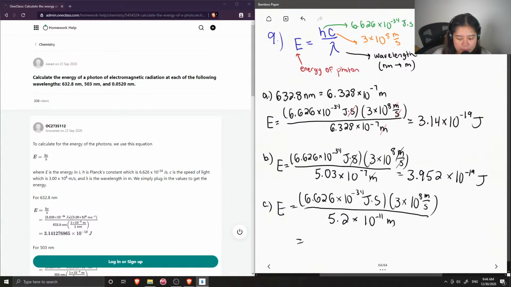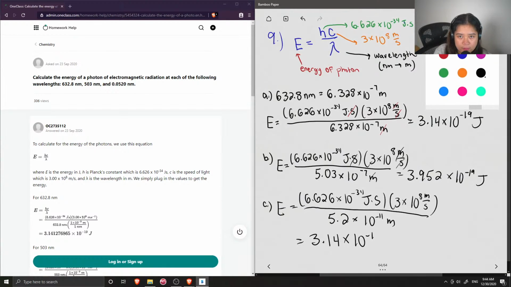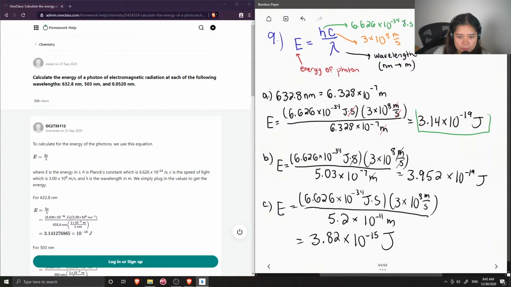And when you multiply it all out, you should end up with 3.14 times 10 to the negative 19, or 15, sorry. Hold on, I think I wrote down. You get 3.82 times 10 to the negative 15 joules. Okay, so these are our three answers.